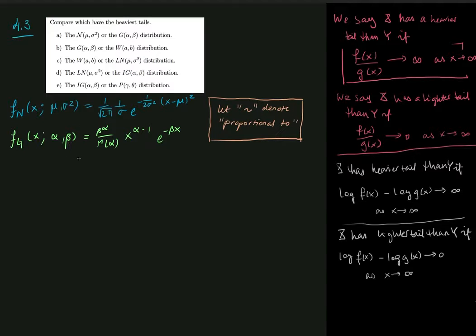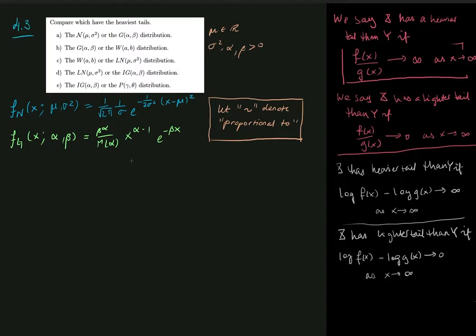The assumptions we have are that mu is a real number, and sigma squared, alpha, beta are all greater than 0.